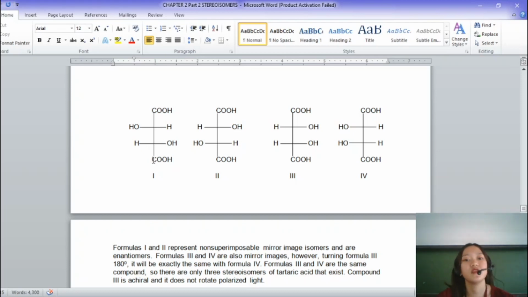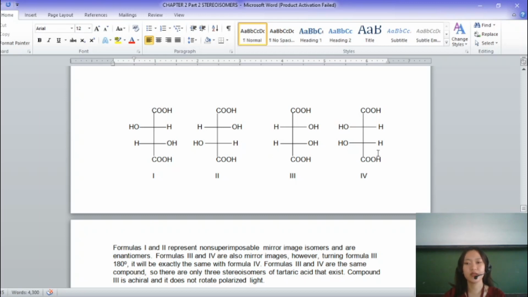So, dito, hindi siya magko-coincide. So, enantiomers ang 1 and 2. On the other hand, your structures 3 and 4, kapag nirotate mo ang mirror image to 180, then ang resulting structure will be the same with structure number 3. So, meaning these two are the same compound.